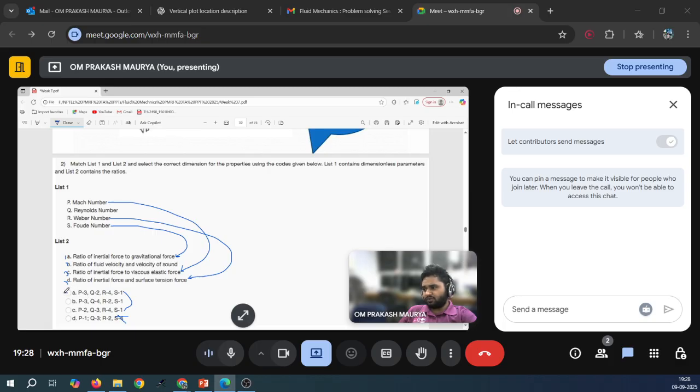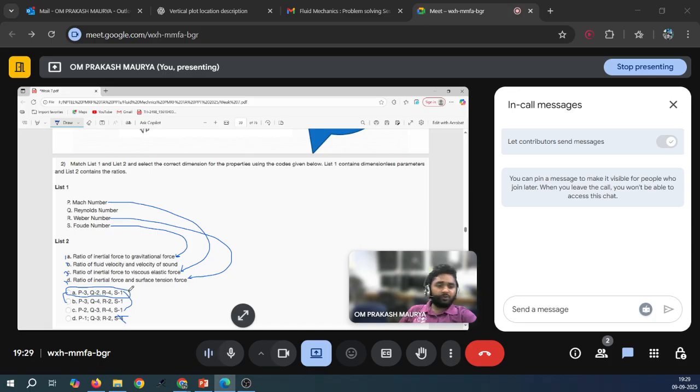Yes, these two may be correct. Now Weber number is going with 4, that is R is going with 4. Yes, option A is correct.